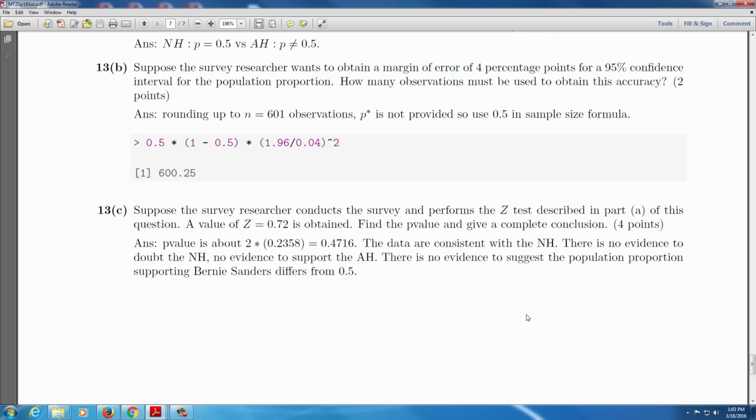Again, the same problems of students trying to conclude that this means the proportion is 0.5, saying that you have evidence to support the null hypothesis, or saying that you have evidence against the alternative is sheer madness, and nothing good will happen to you if you say such things. So please try to stop it and have me help you get cleared up about what to say about these things. This was a 4-point problem, 1 point about the p-value and 3 points about the conclusion.